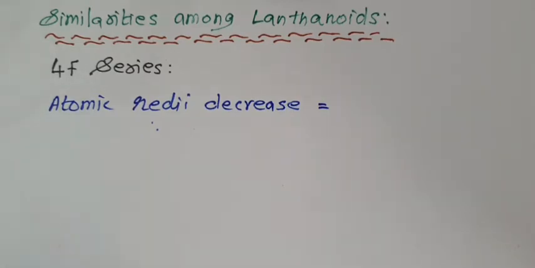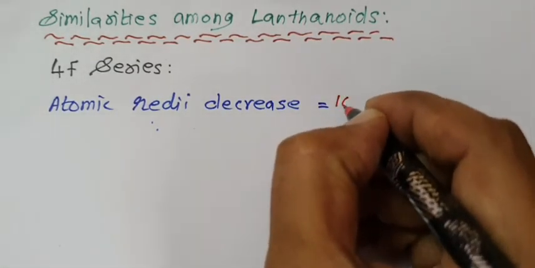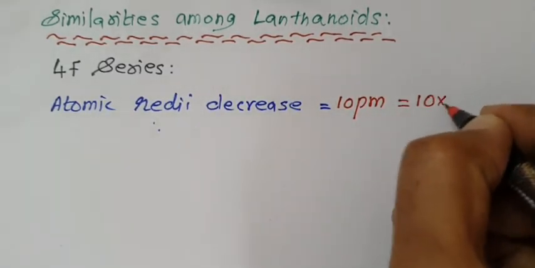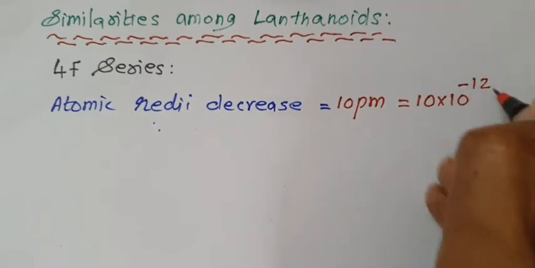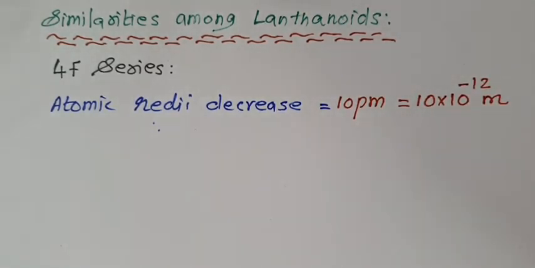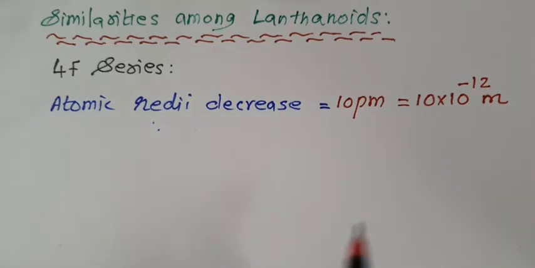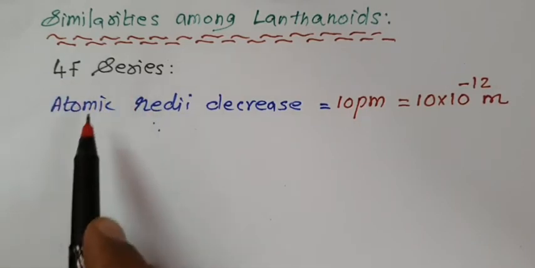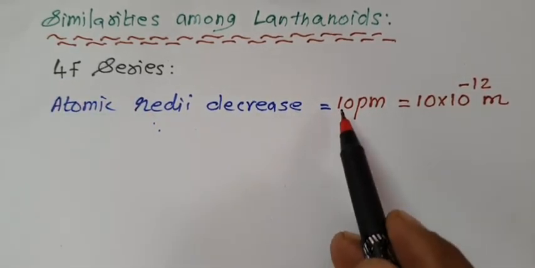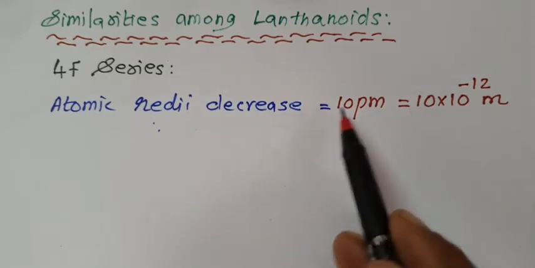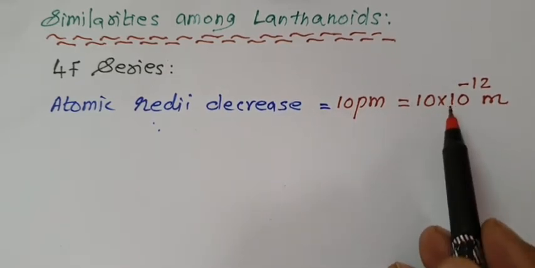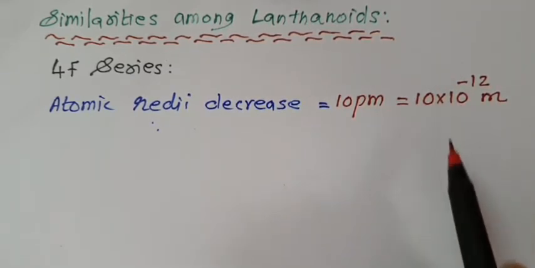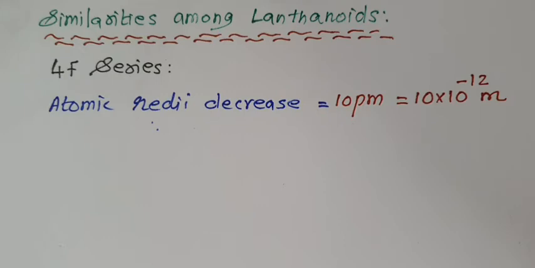This is only due to lanthanide contraction. 10 picometer means 10 into 10 power minus 12 meter, that means 10 power minus 11 meter. In the 4f series, the atomic radius decreased by only about 10 picometer, that is 10 into 1 picometer equal to 10 power minus 12 meter. When you multiply these two, you will get 10 power minus 11 meter, a very, very small value.